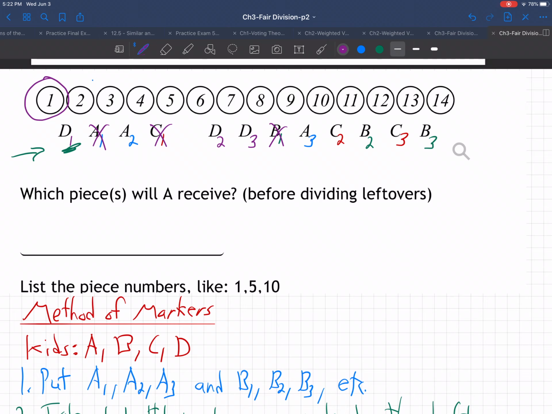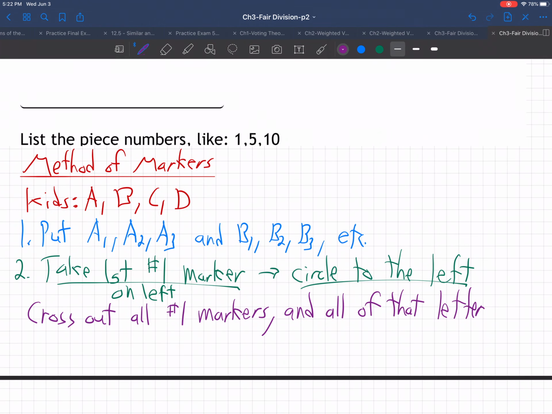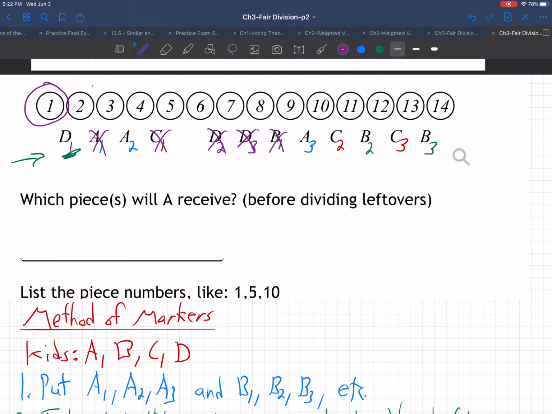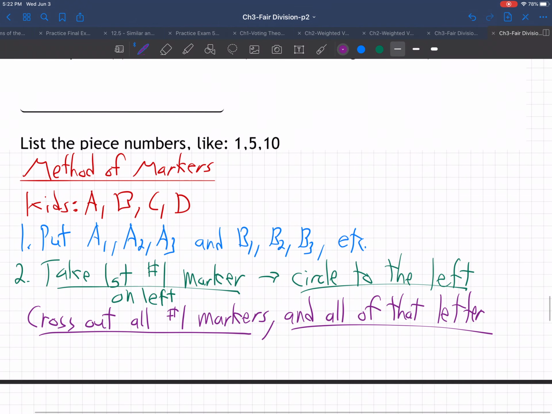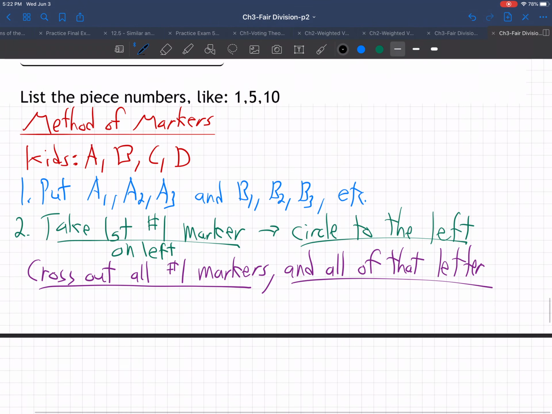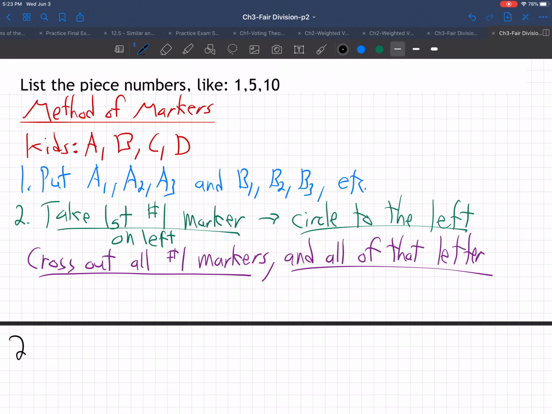And also D, so D has his candy. This is D's candy, so remove the other instances of D. Do you see what I just did there? I crossed out all the number 1 markers and all the D's, because that's the letter that just got his candy. So D is going to get candy number 1, which is his fair share of candy. He decided to put his marker there, saying that candy number 1 would be a fair share to him, so he gets what he marked. So next, our third step, I guess it is.